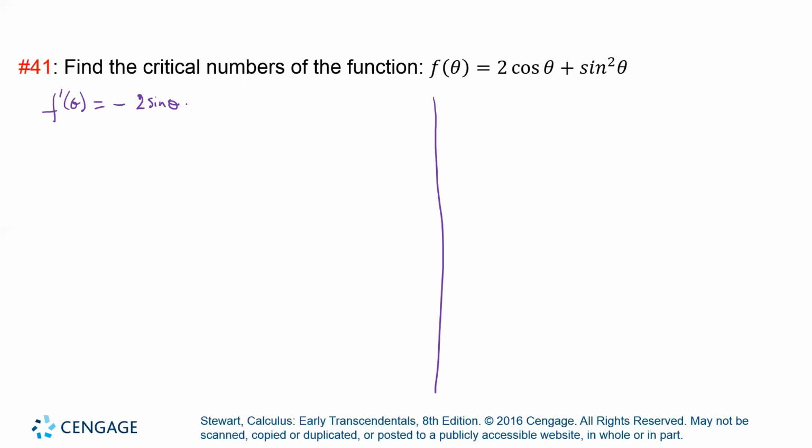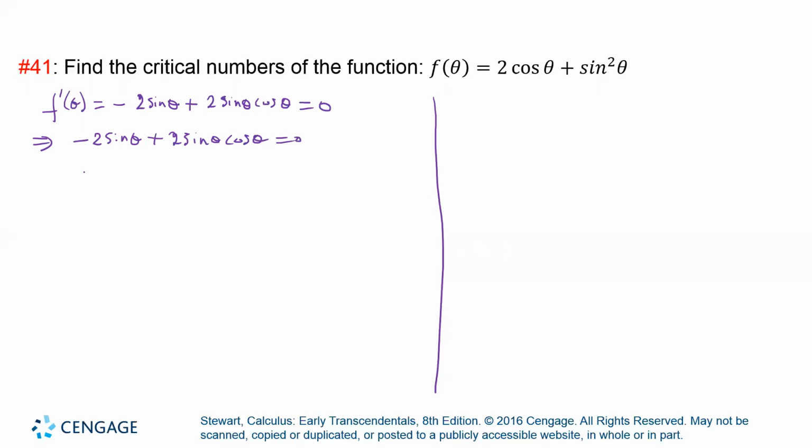And then we have plus 2 sine theta, using the chain rule, times cosine theta. Now we want to set this to 0. If you set that to 0, then we're going to have minus 2 sine theta plus 2 sine theta cosine theta equal to 0.